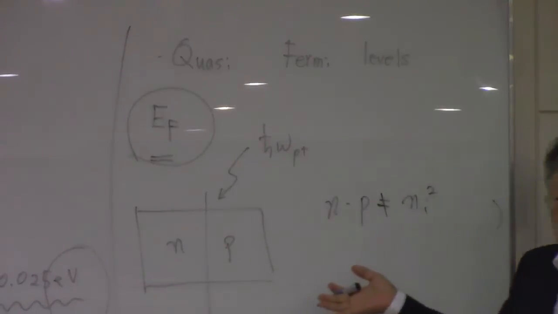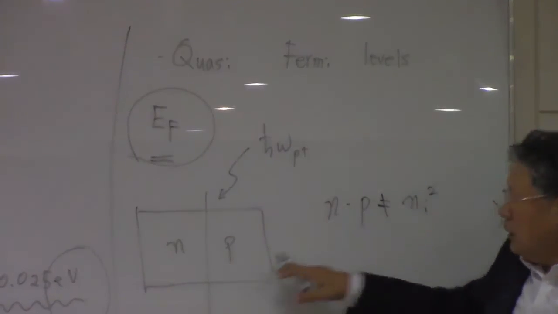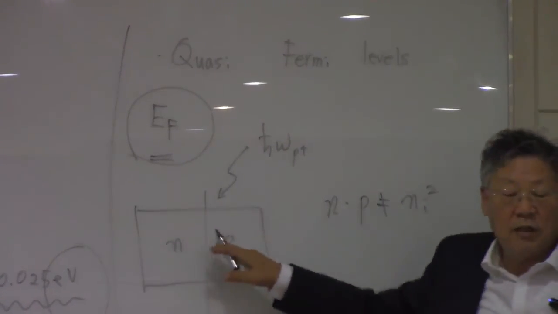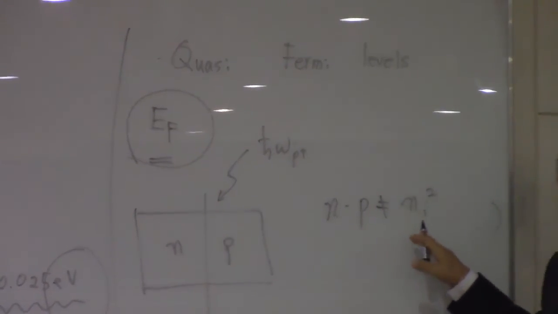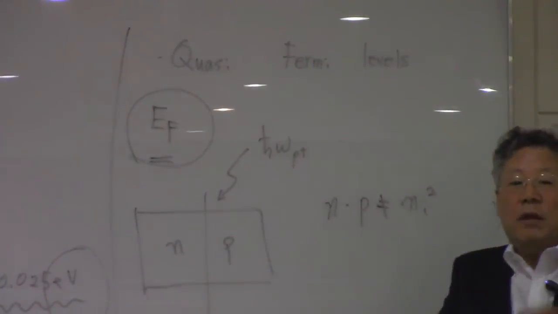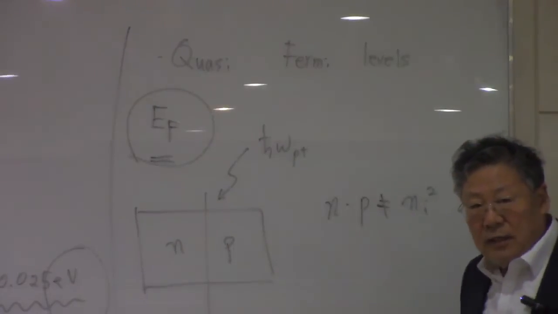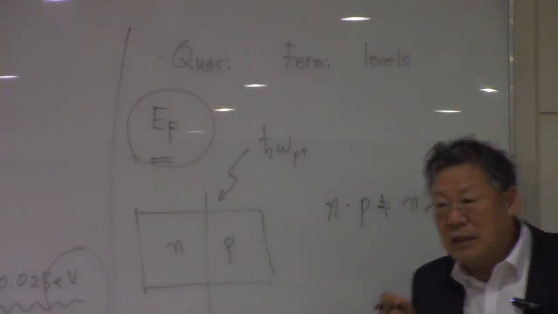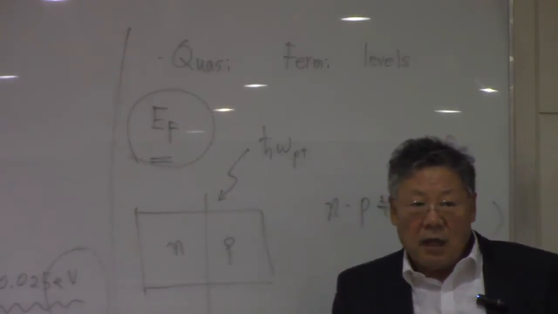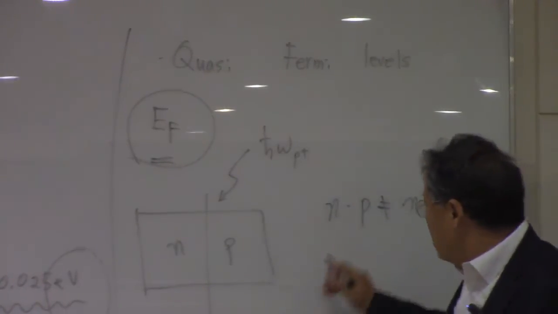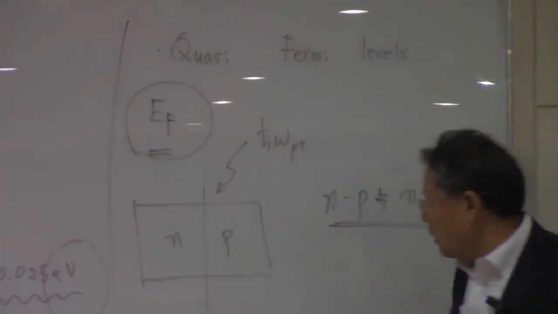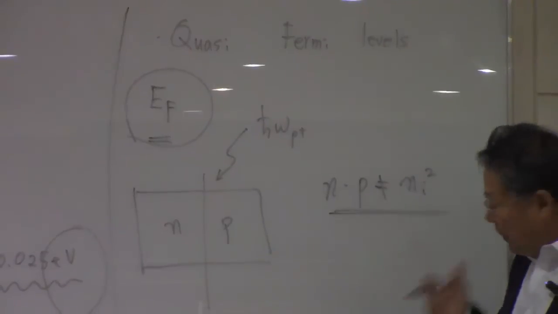If it's in the dark, of course, it's an equilibrium state, then the np product in any section of this junction is going to be equal to n_i squared. But if it shines a light, then the equilibrium is going to be broken. Then what happens? It may be in a steady state, but not in an equilibrium state. So this np is not going to be equal to this n_i squared.